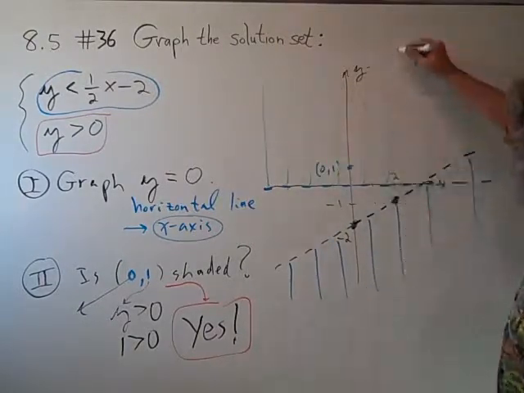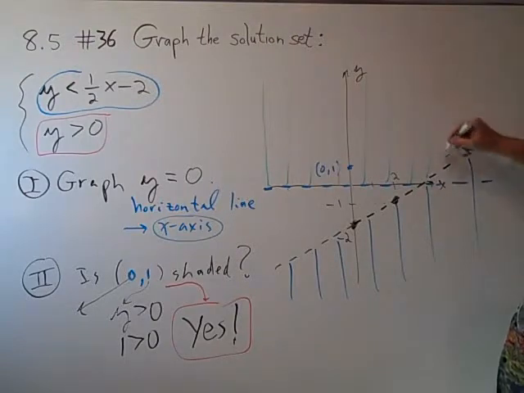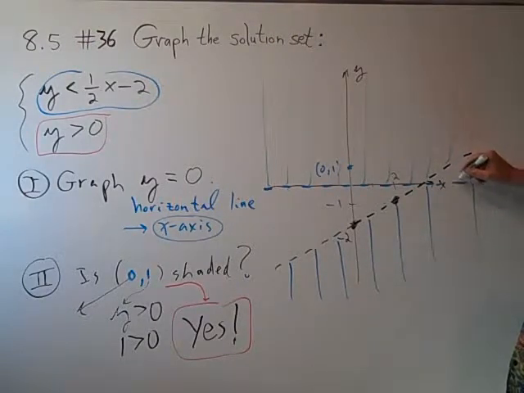Now we're looking for the overlap of the two regions. The overlap, you can see, doesn't occur until the two lines meet over here, so I'm going to have to extend this out a little bit. This is the region, the solution region, the solution set for our points.